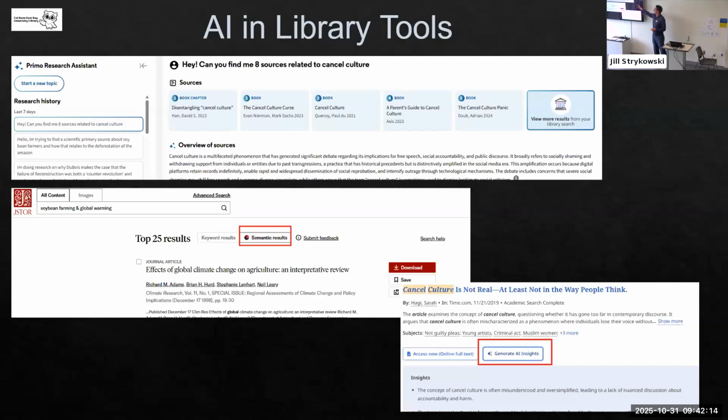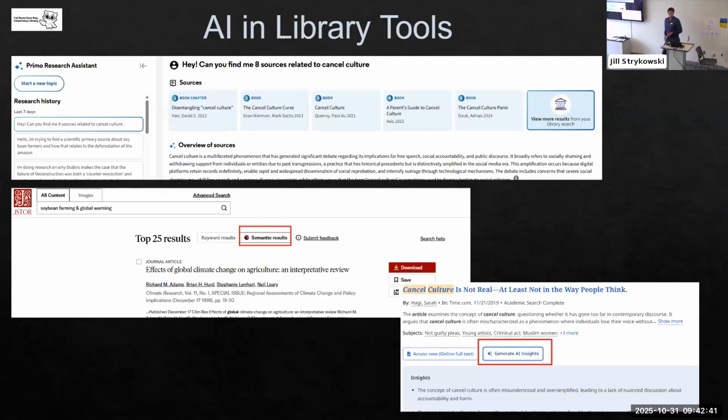And actually, Primo Research Assistant is one of the more ambitious efforts to bring AI into library tools. It does things very similar to Consensus or Elicit. It goes out and finds you a few papers that it thinks are relevant to your search, and it gives you an overview.